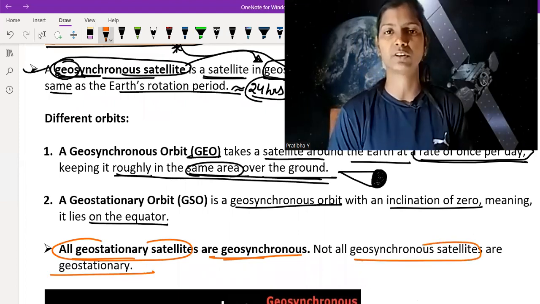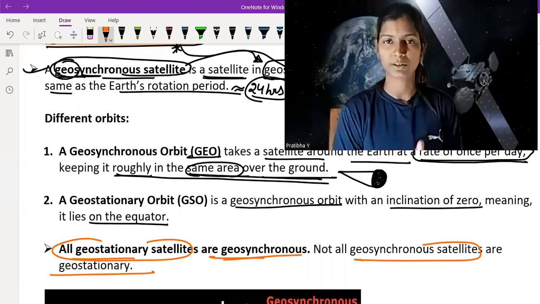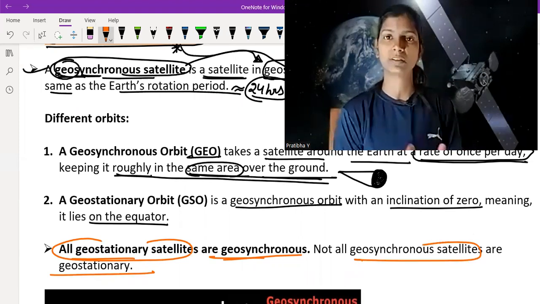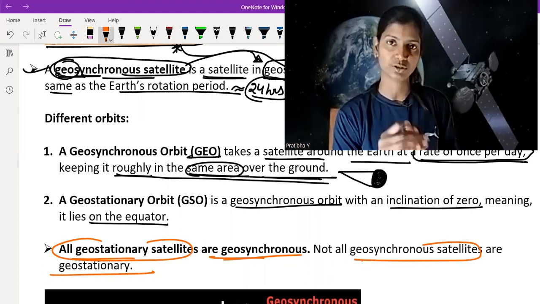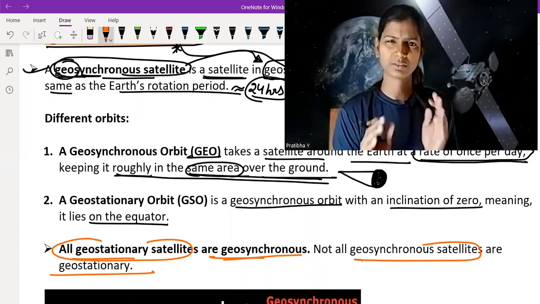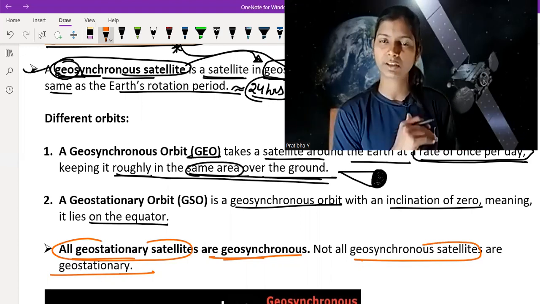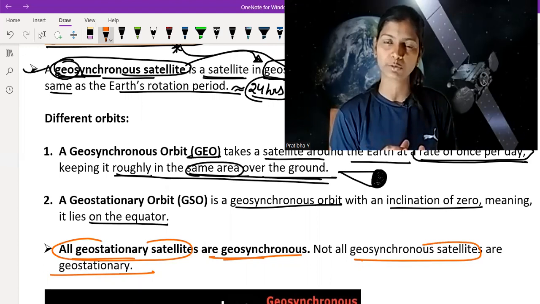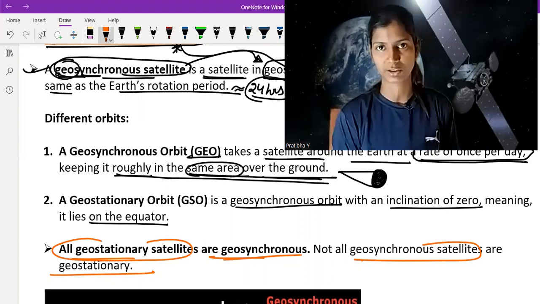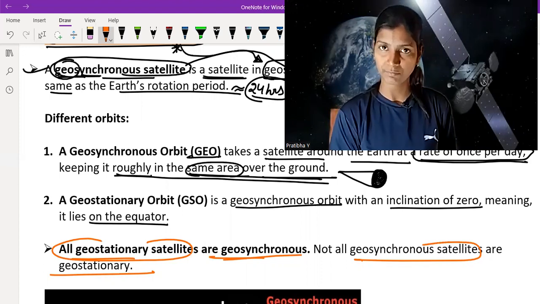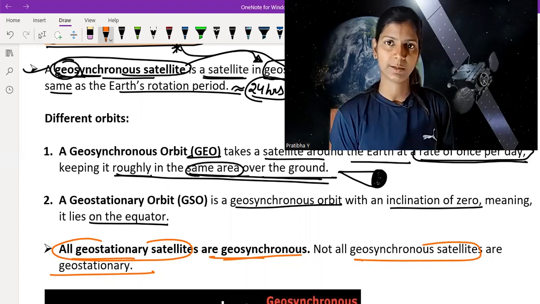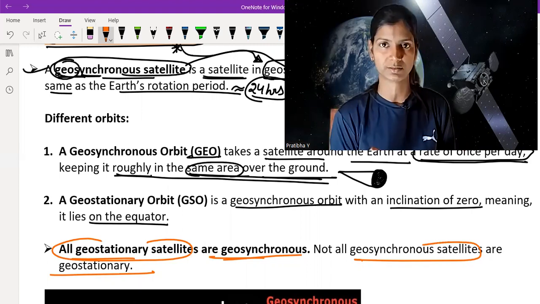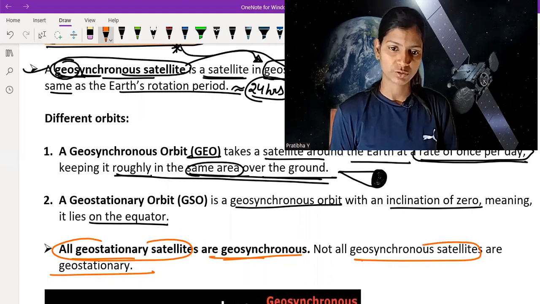It is the same for orbits also. So this is the basic difference. Above the equator, zero inclination with the equator, is geostationary. Some angle with the equator is geosynchronous. All geostationary is geosynchronous, but all geosynchronous is not geostationary, because geostationary is a type of geosynchronous.